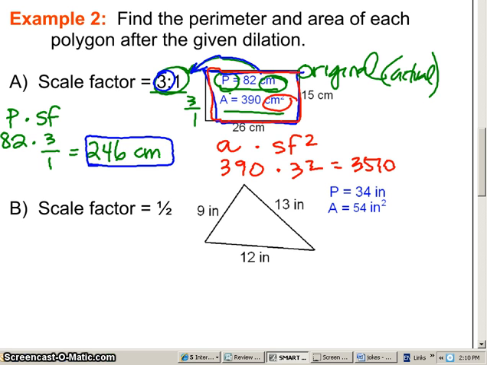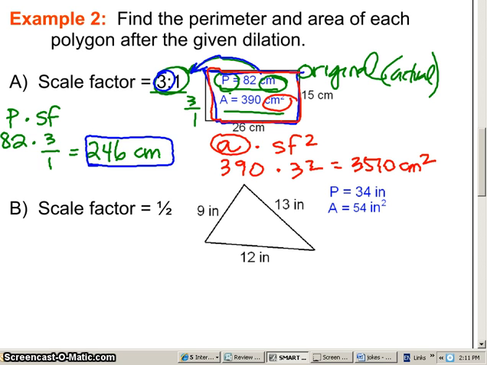Square centimeters. Remember, whenever you're dealing with area, your units are always going to be squared because you're multiplying two dimensions. You're doing length times width. Your units are always squared.